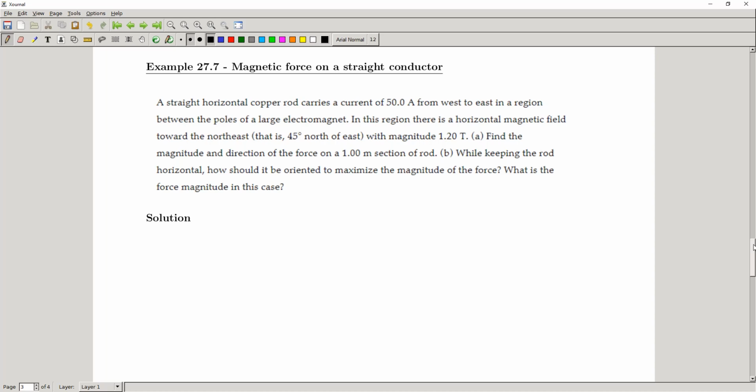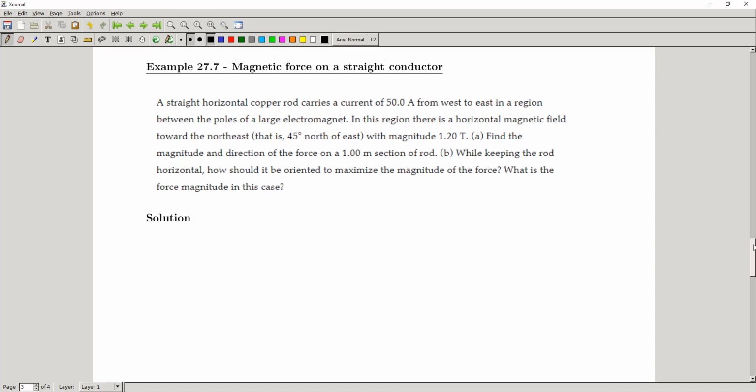In part A, we want to find the magnitude and direction of the force on a 1 meter section of the rod. And in B, while keeping the rod horizontal, we want to know how we should orient it to maximize the magnitude of the force, and what that force will be in that case.